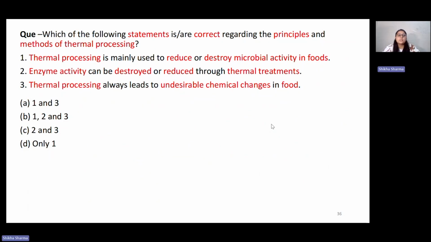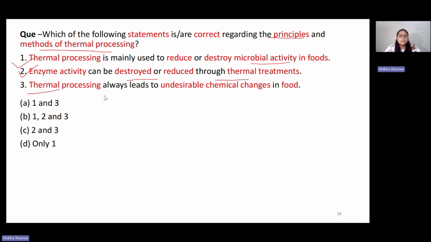The next question is about which of the following statements is correct regarding the principle and methods of thermal processing. First, thermal processing is mainly used to reduce or destroy microbial activity in the food. Second, enzyme activity can be destroyed or reduced through thermal treatment.